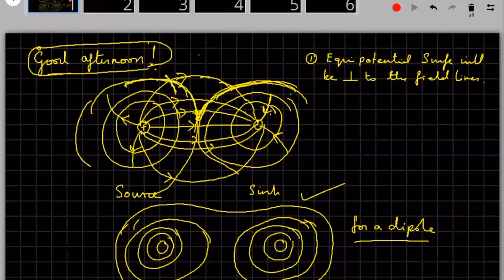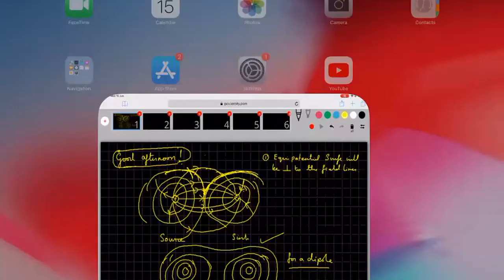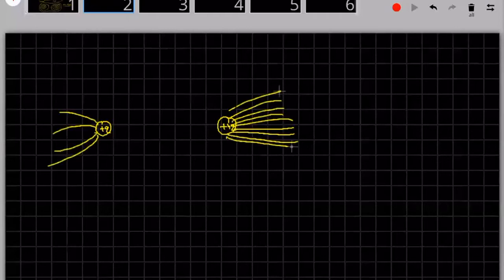Another question I asked you was, there is a plus q charge and a plus 4q charge. I asked you to draw the field lines. Some of you have just drawn this and some of you have drawn this. This is not fair.